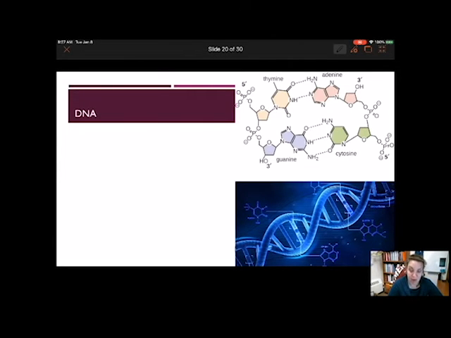If we look at thymine and adenine over here, we can see that they both have two positions where they can accept or donate a hydrogen bond. So thymine has this oxygen on top. This oxygen has a lone pair of electrons, which hydrogen bonds with the hydrogen attached to nitrogen on adenine. Then this nitrogen below on thymine has that hydrogen that will hydrogen bond with the nitrogen with a lone pair on adenine.